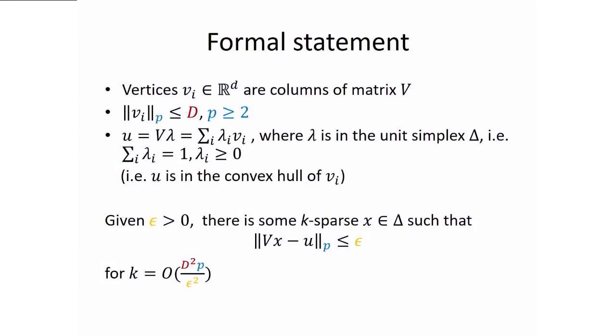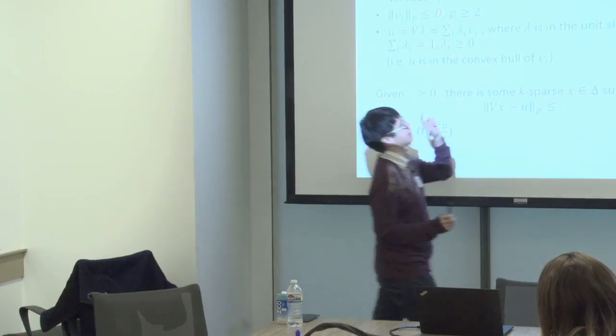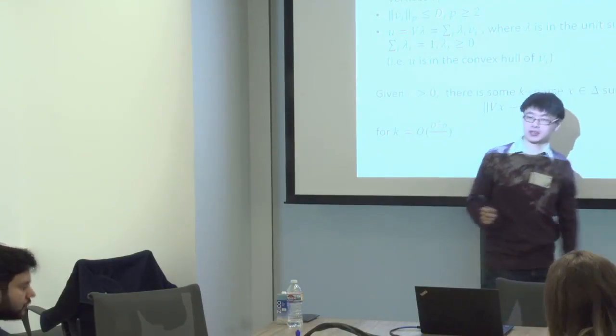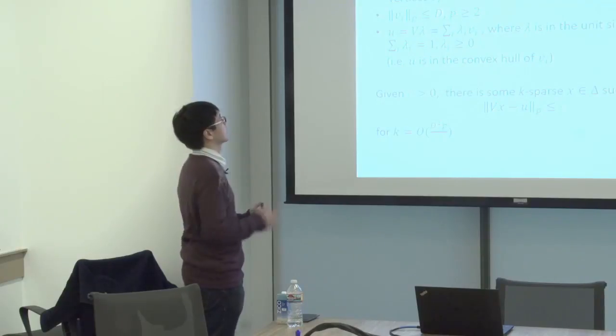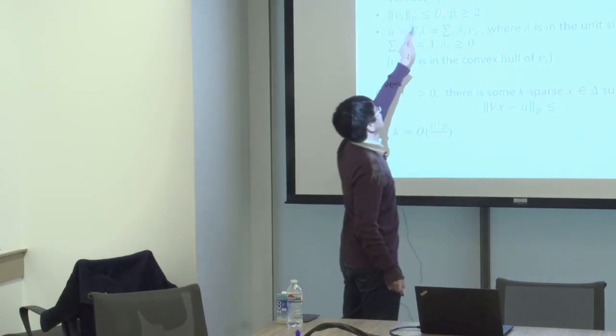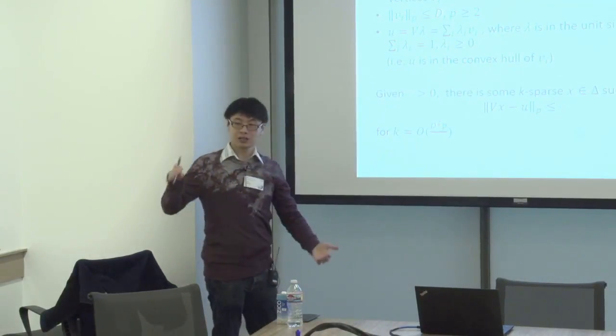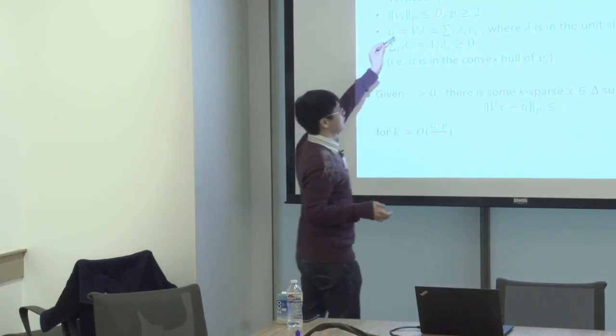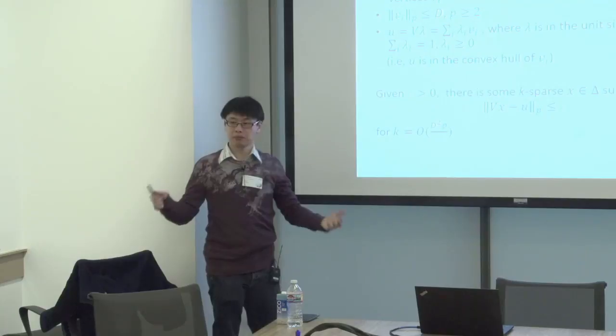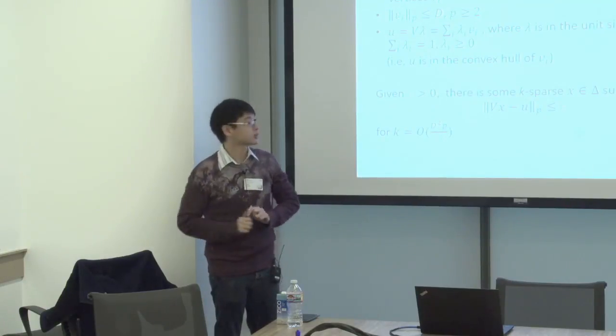So, let's just set up some notations before getting to the actual math. We have our vertices Vi, and for convenience, we represent them as the columns of a matrix V. Again, we have a bound on the size of the polytope, and we have our target U, which is a convex combination of the vertices.